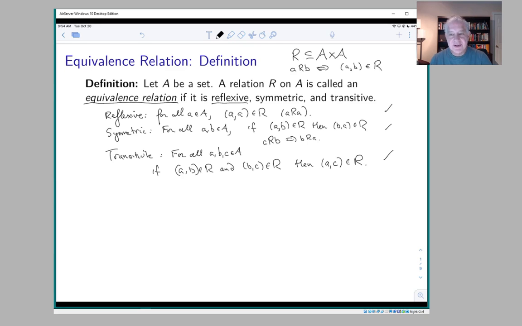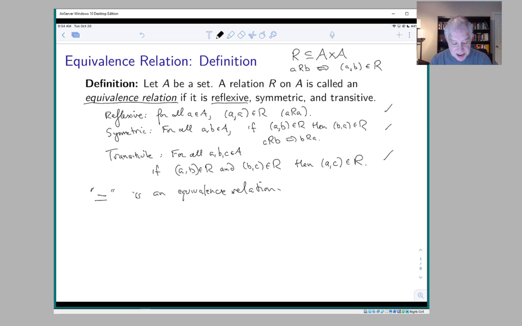And of course, the ultimate equivalence relation, or the most standard one, is just equals. Equals is an equivalence relation because certainly a is equal to itself. If a equals b, then b equals a. And if a equals b and b equals c, then a equals c. So maybe that's the most important thing to remember. And what is the R for equals?